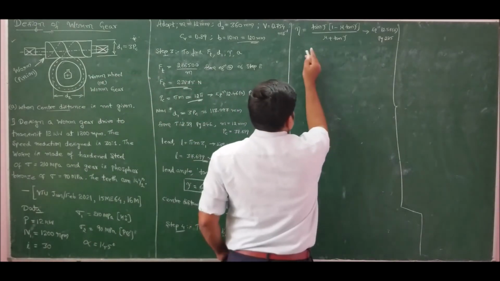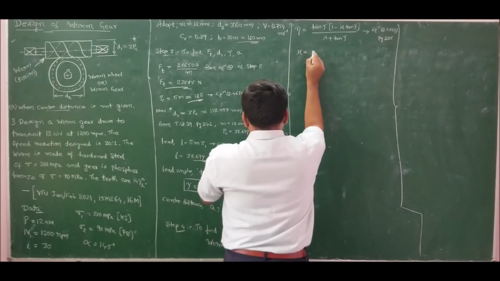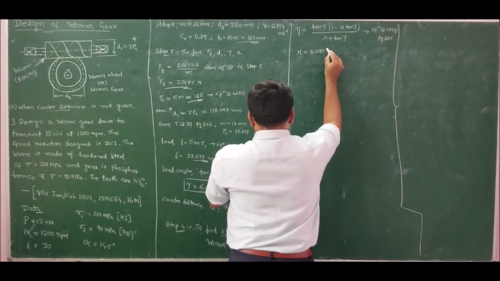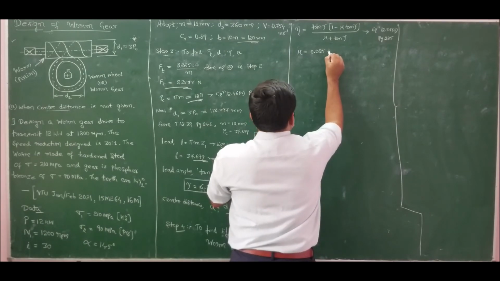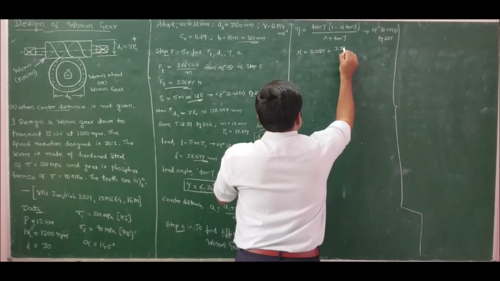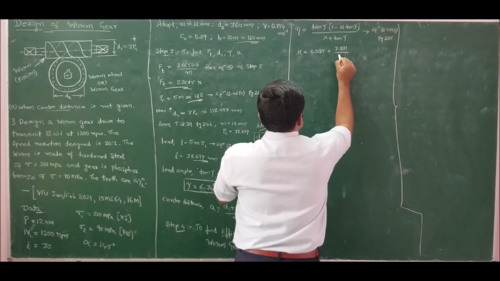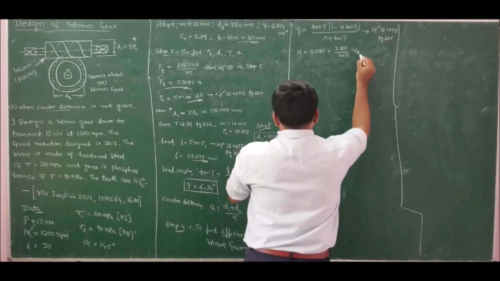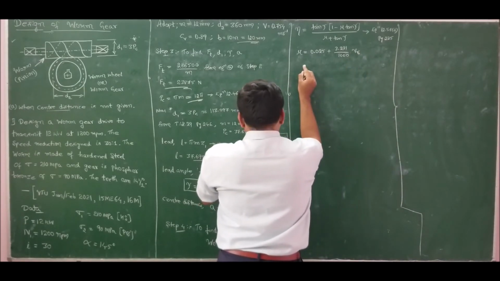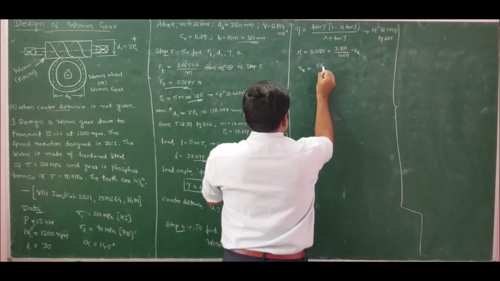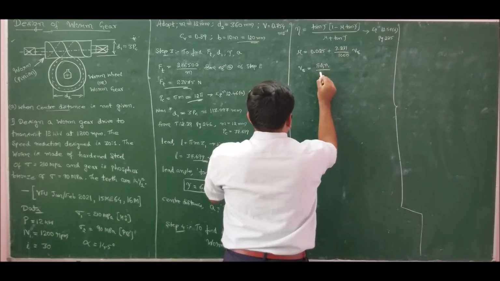Here mu is also unknown, so mu is given by the equation 0.025 plus 3.281 divided by 1000 times the rubbing velocity, where the rubbing velocity Vr is calculated as pi d1 n1 by 1000.